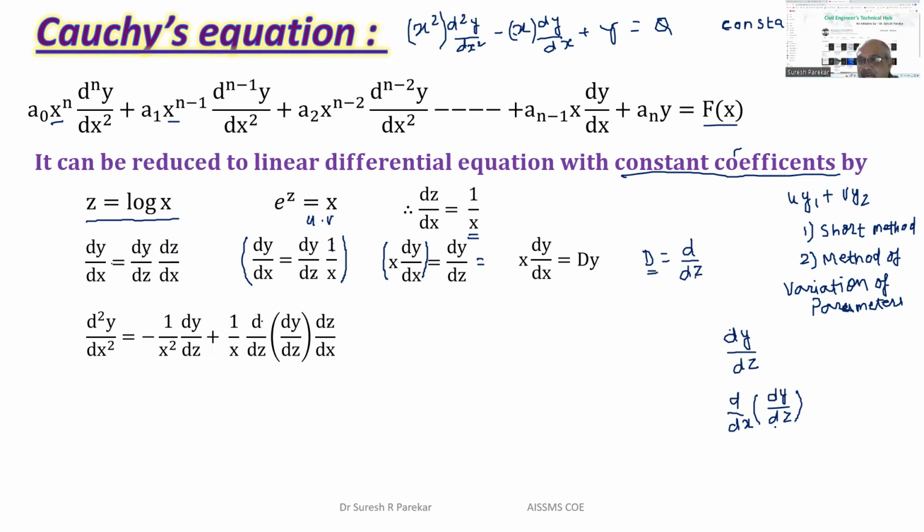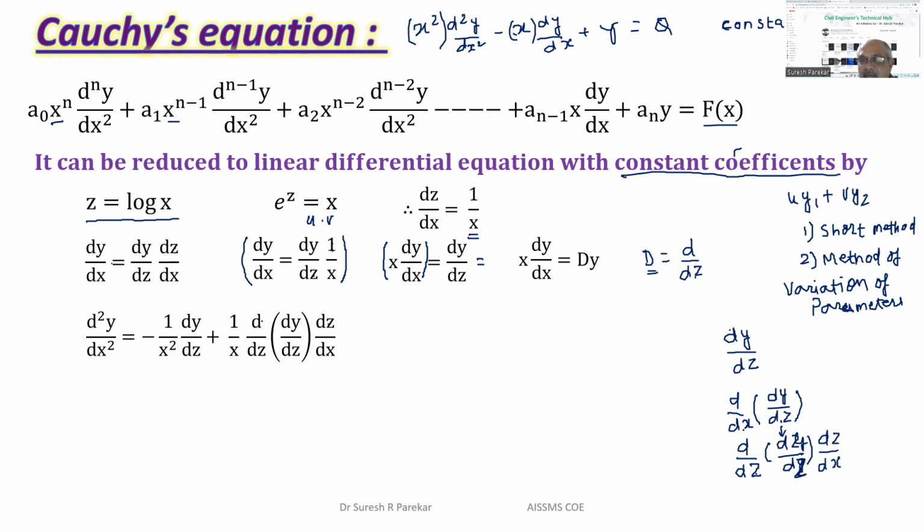So we have to write it also in terms of d by dz, and therefore we can write it by chain rule, d by dz into dz by dx. So we have taken one extra dz, and the dx which we have removed we will write over here. So the same we have written over here, d by dz of dy by dz, whatever we have over here, the same we have to write over here.